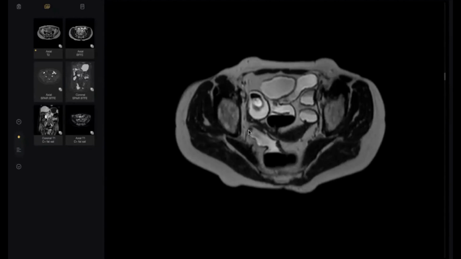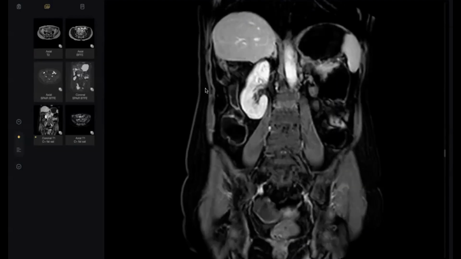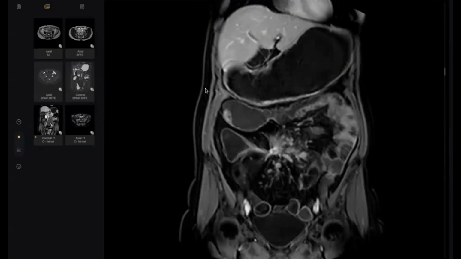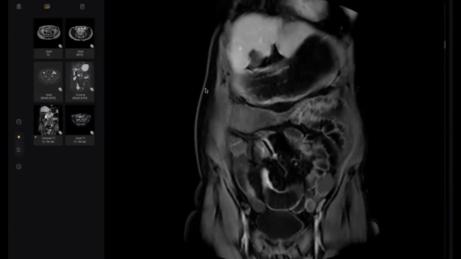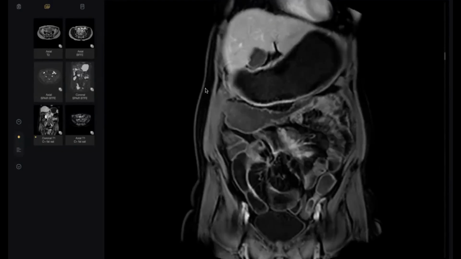Okay, so there is some, I think, tethering in the mesentery.